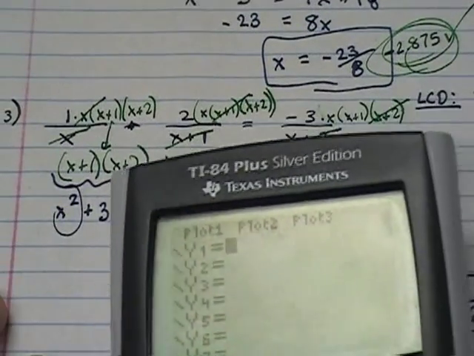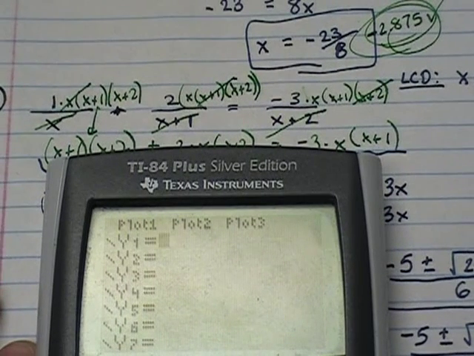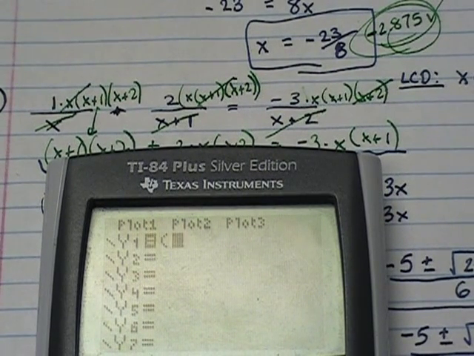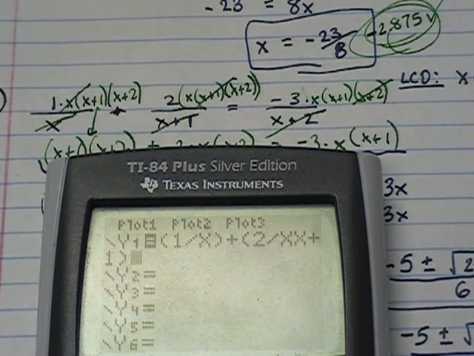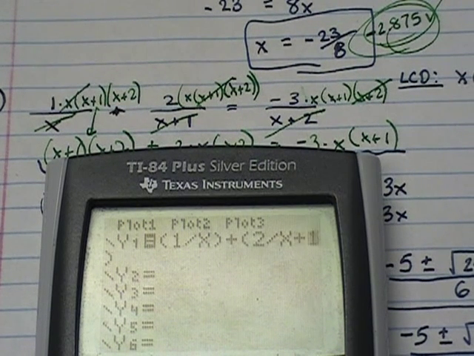Okay, so I get these two answers, and now I go to y equals and I type in the original equation. Well, the original equation was 1 over x plus 2 over x plus 1. Whoa, can't do that. That's what I meant to do.